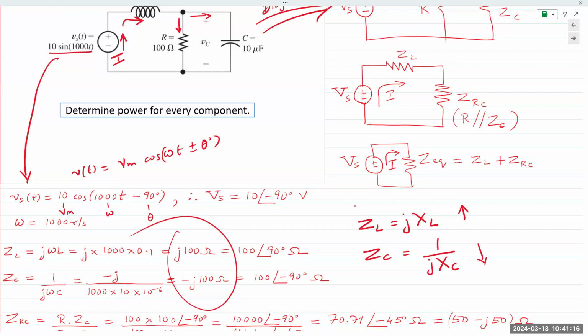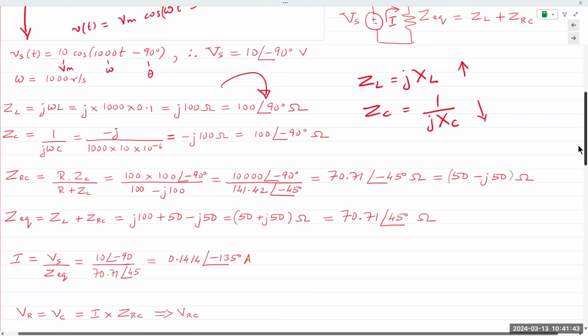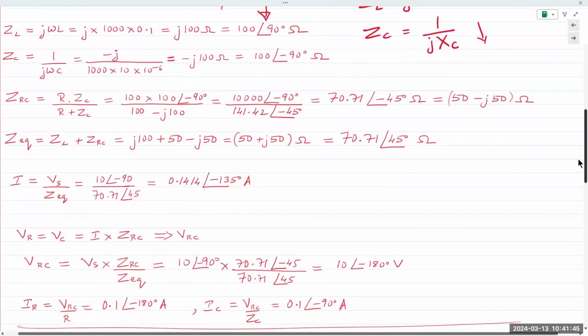So I perform an extra step of converting into polar coordinates, which is also direct. The equation is omega L with an angle of plus 90, or 1 over omega C with an angle of minus 90. You can refer to your chapter 5 equations and find it directly from there. Once I have both the rectangular and polar coordinates, I'm ready to proceed with the reduction of the circuit.